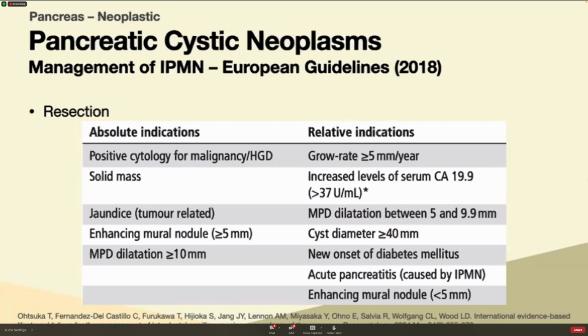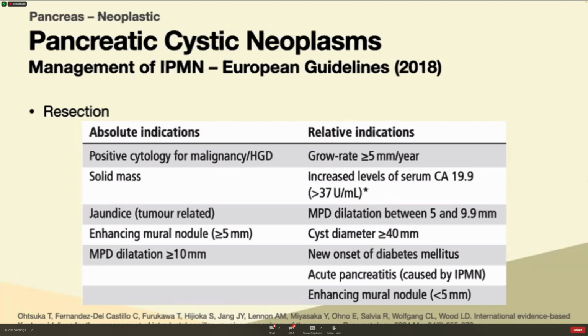Then for the relative indications for resection, these include a growth rate of greater than or equal to 5 millimeters per year. So this is a higher threshold compared to the Kyoto guidelines, which is at 2.5 millimeters per year. Then increased CA19-9, main pancreatic duct dilatation of 5 to 10 millimeters, which is the same as in the Kyoto guidelines.